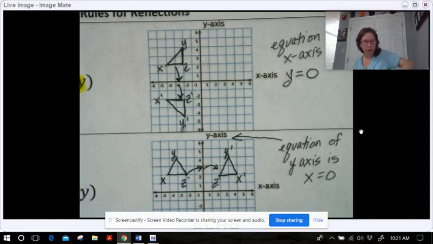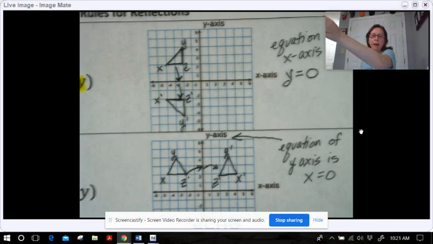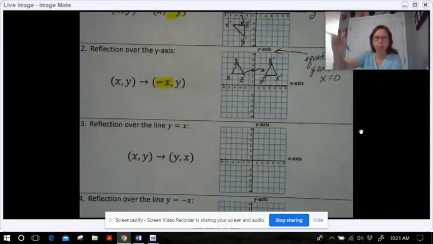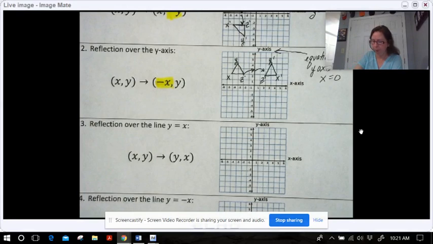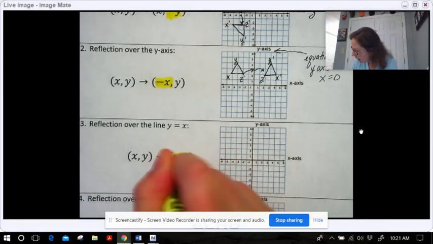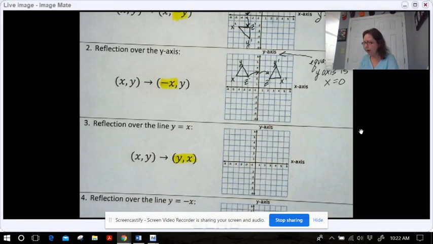Alrighty. Let us go take a look at a reflection over the line y equals x. And I'm going to show you what that line looks like. Now, a reflection over the line y equals x is that you're going to notice that the x and y values switch places, okay?